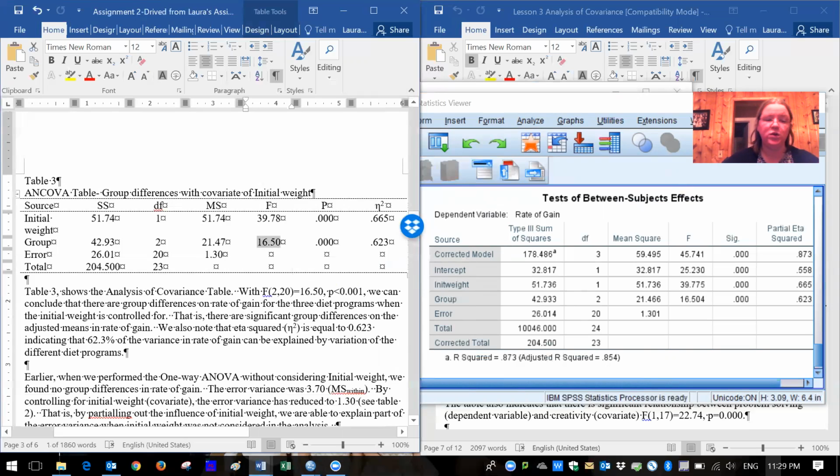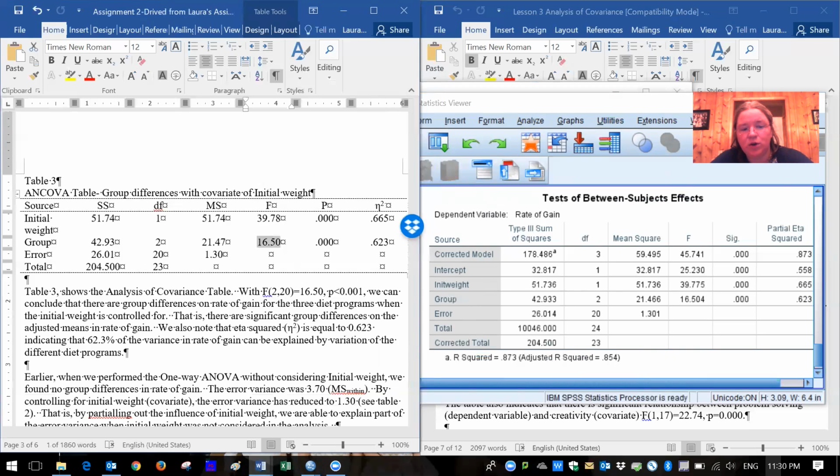So we can conclude that there are group differences on the rate of gain for the 3 different diet regimens, when the initial weight is controlled for. So what does that really mean? So since there are significant differences, now we have to actually look at where there are differences.